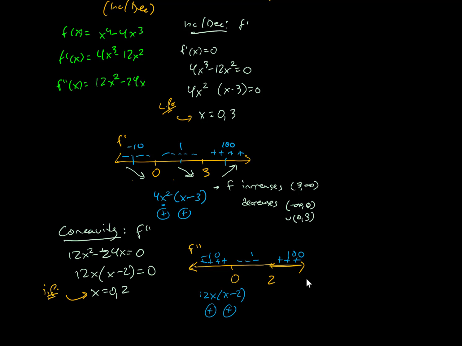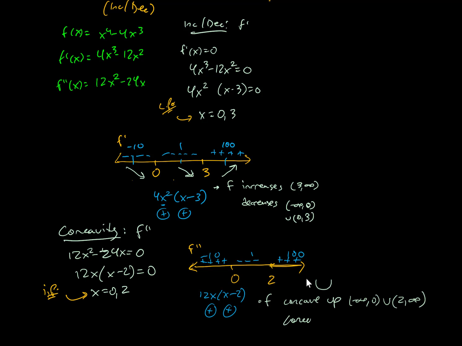Okay, so what does this tell me? F is concave up. Now remember, concave up is like this, if we're concave up when the second derivative is positive. So we're going from negative infinity to 0 and 2 to infinity.